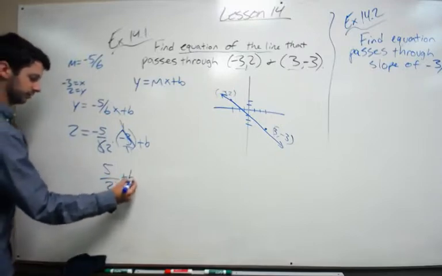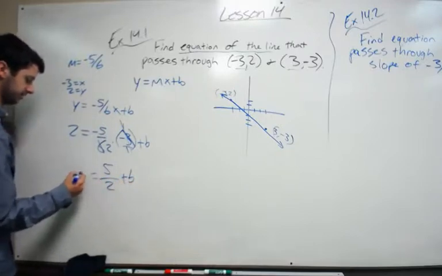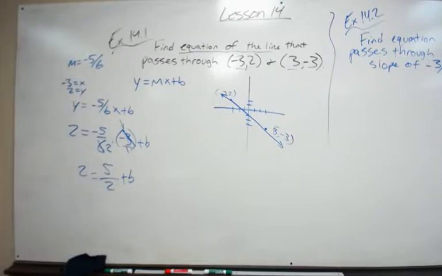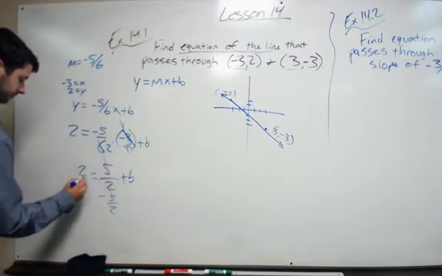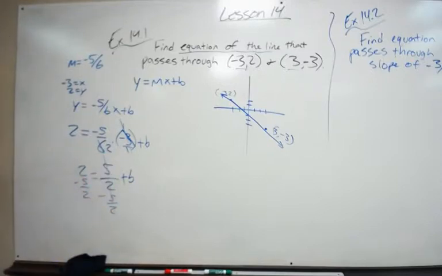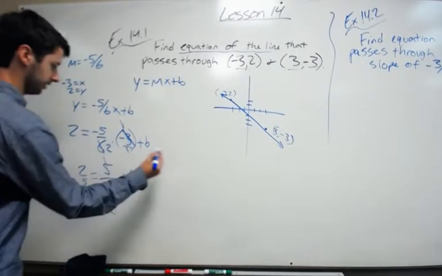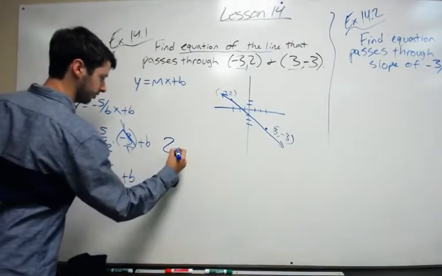So we have 5 halves plus b equals 2. Do the opposite and subtract from both sides. When you subtract that, you would have 2 minus 5/2.